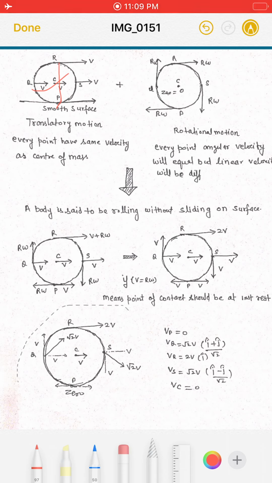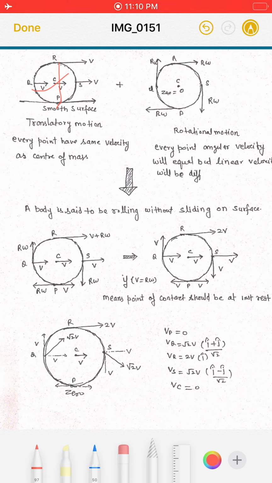So this is the complete diagram for pure rolling motion. If I ask what's the velocity of point P for pure rolling, of course the main condition is that the contact point should be at instantaneous rest, which means the point P velocity will be 0.